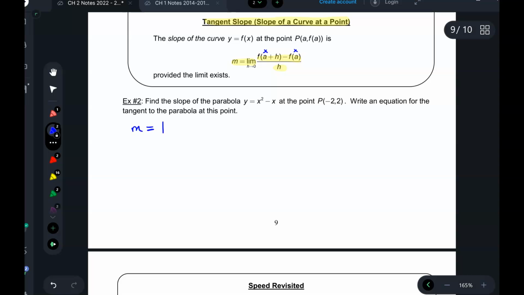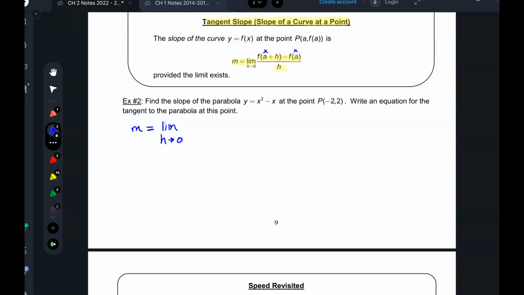So m equals, don't forget to write the limit. We always want to keep writing the limit until we are actually able to evaluate it, okay? What are we plugging in? You could plug it in afterwards. Do you want to just come up with the formula and then plug it in?